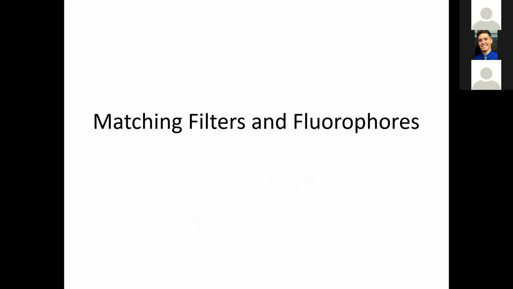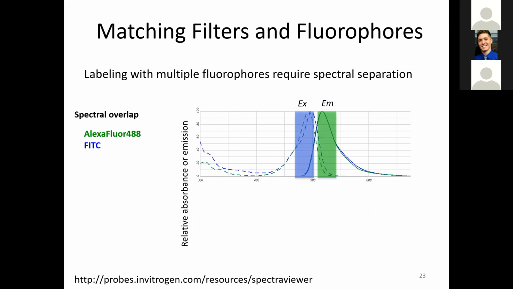When we talk about matching filters and fluorophores, why do we care so much about this? As we know, fluorophores do not have discrete, neat and tidy excitation and emission curves. They're messy. For instance, we're looking at Alexa 488 and FITC here. The curves are nearly identical.